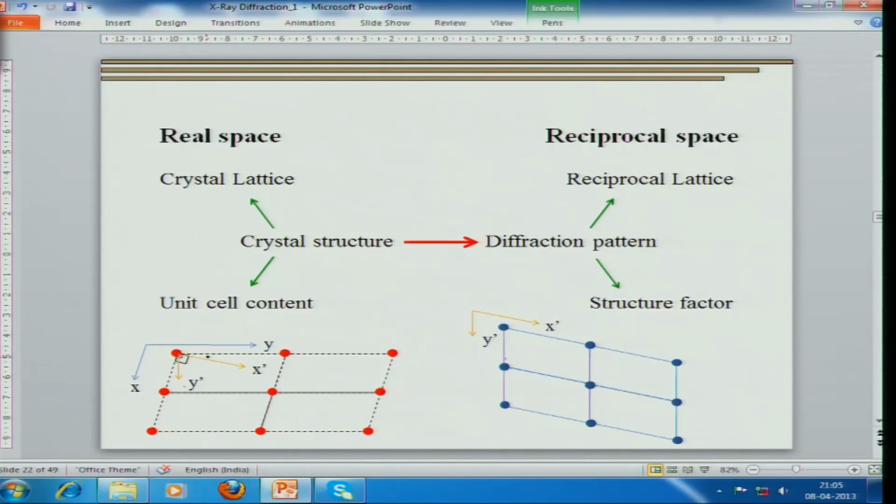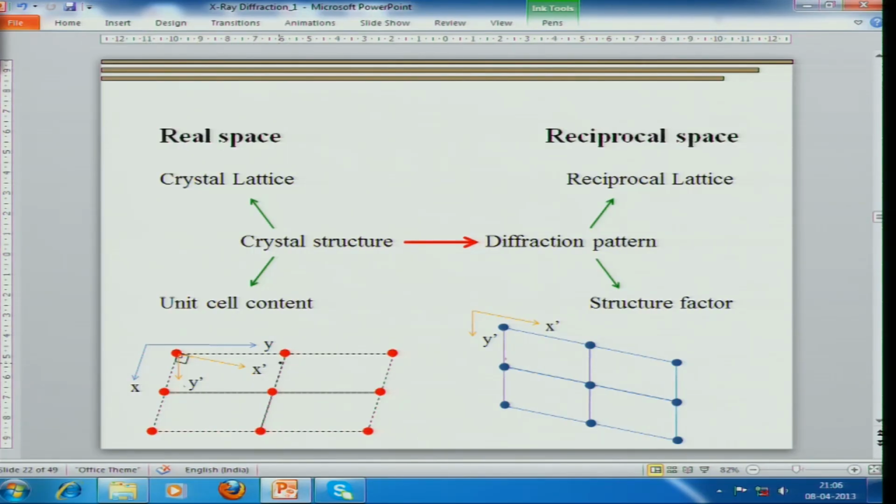So, not only have we changed the directions, but we have also changed the length, the magnitude of the directions. Therefore, we can define y prime as being normal to y, but the distance between any two reciprocal points along y prime is 1 over the distance along y in real space. Similarly, we can define x and x prime.